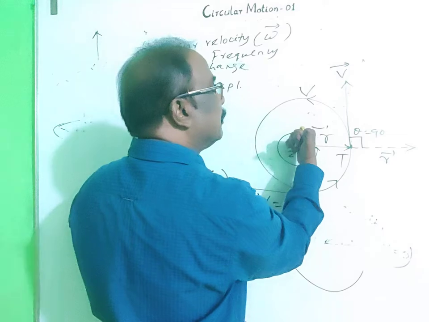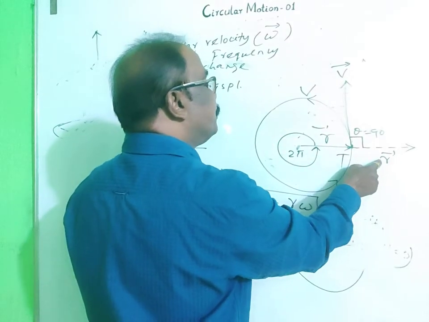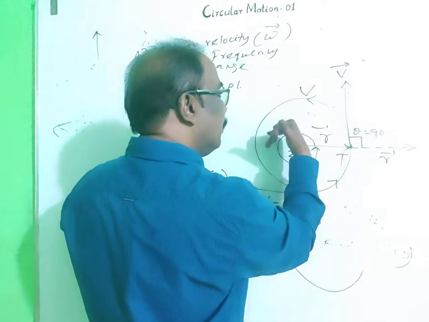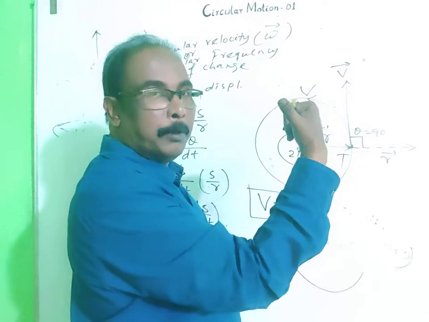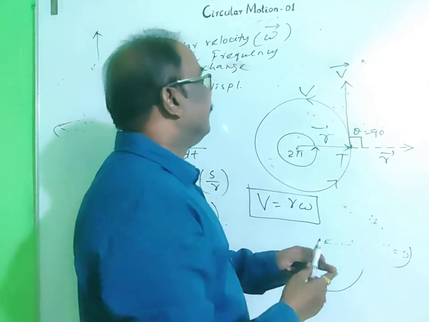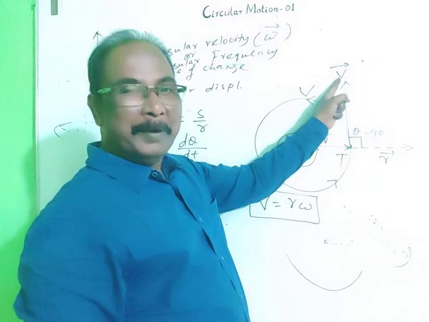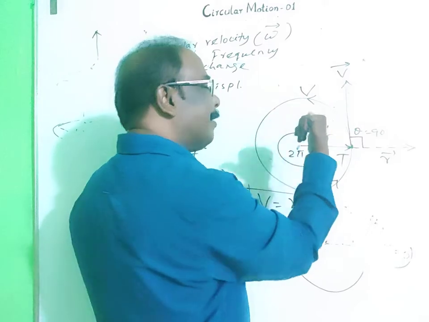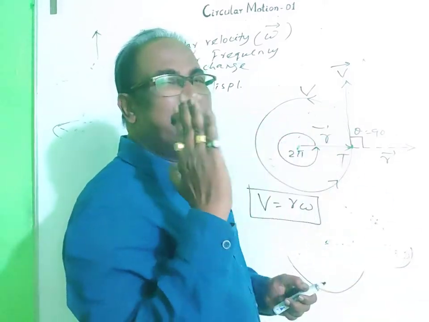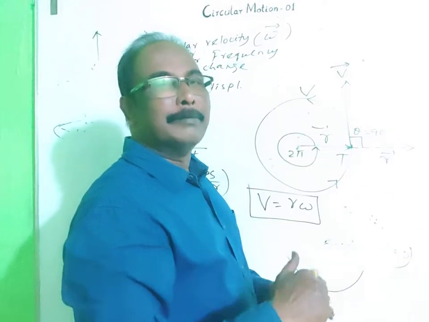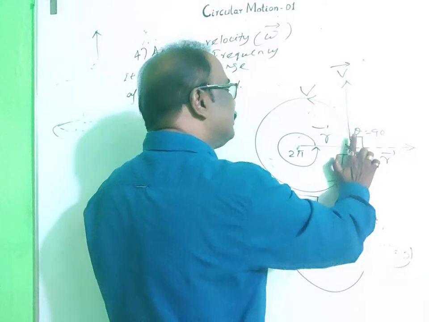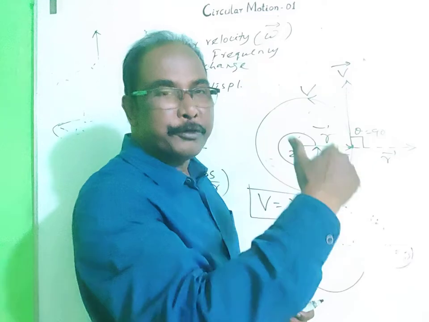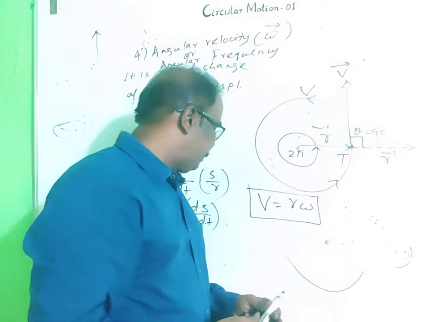Angular velocity is along the axis. Position vector and linear velocity are on this plane, but angular velocity is perpendicular to the plane. Thus, you may conclude the direction of linear velocity, position vector and angular velocity are mutually perpendicular to each other. If this is along the x-axis, this is along the y-axis, and angular velocity is along the z-axis.